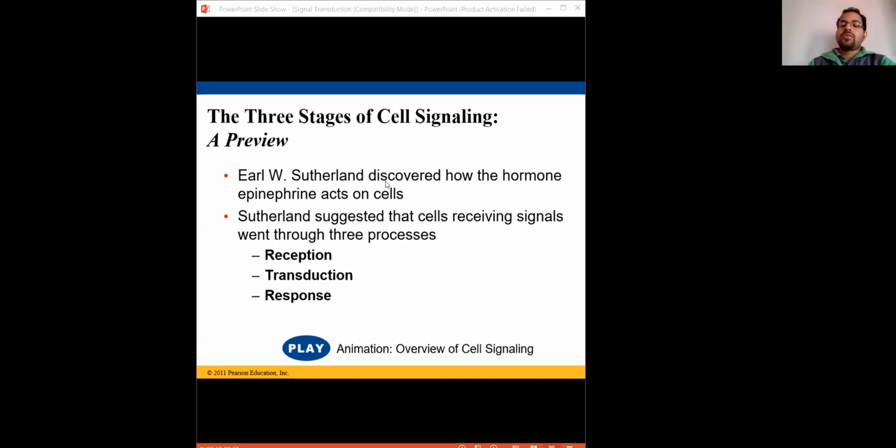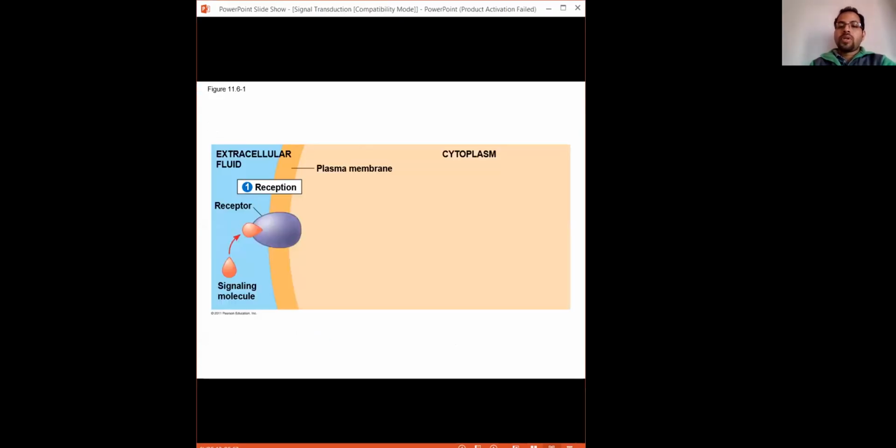The three stages of cell signaling are reception, transduction, and the response. Now, the first one is reception, where you will find that a signaling molecule is received by another molecule which is present on the plasma membrane.